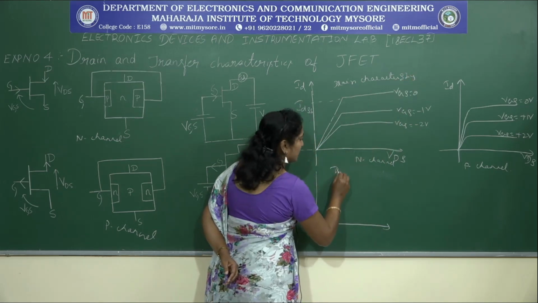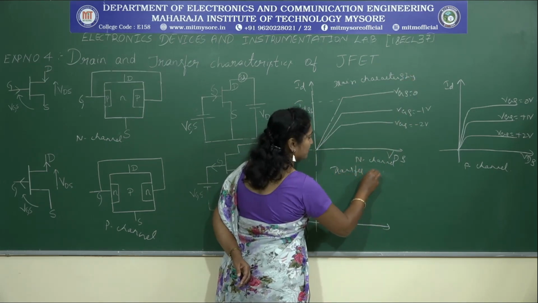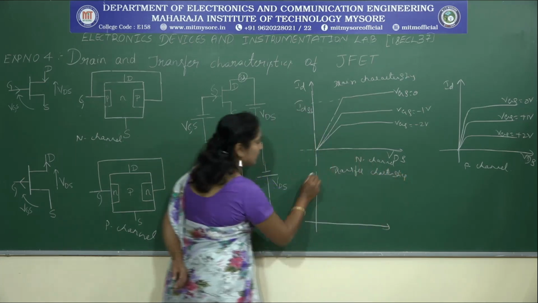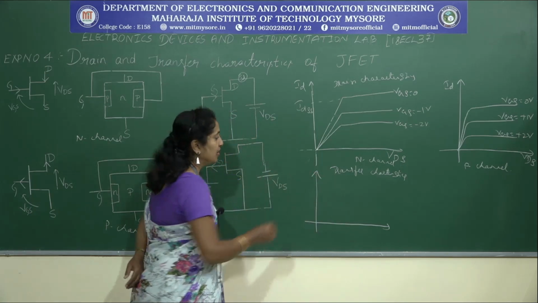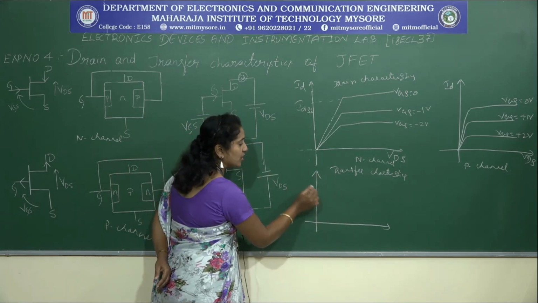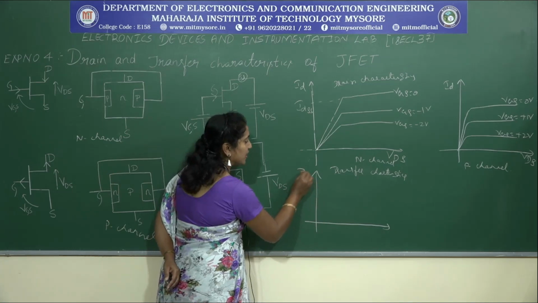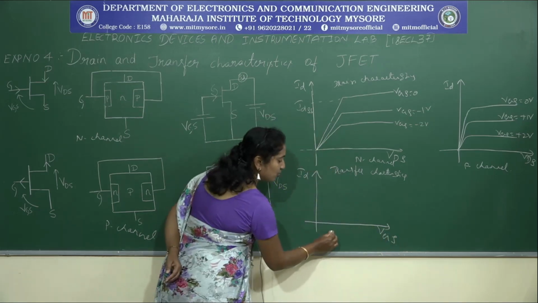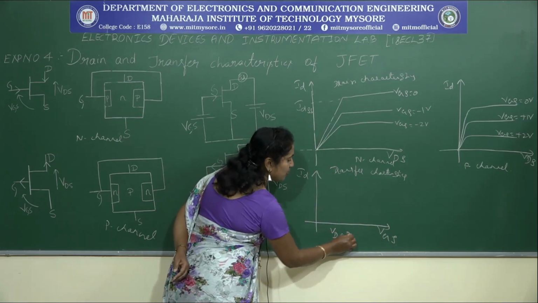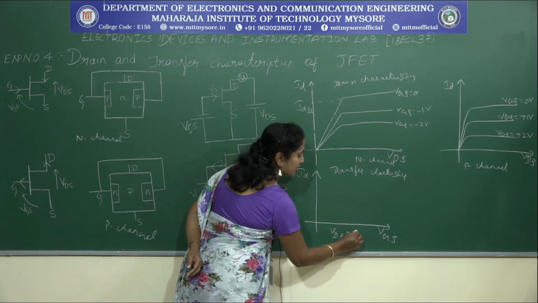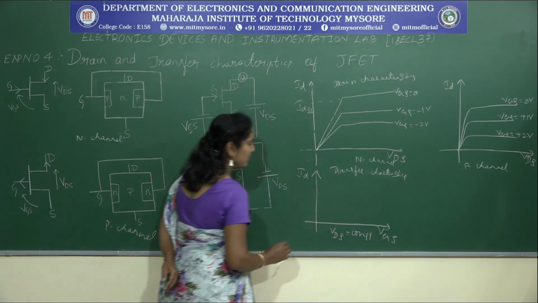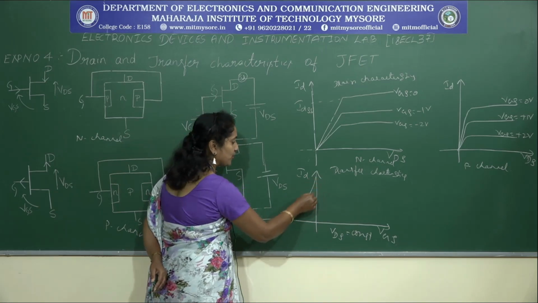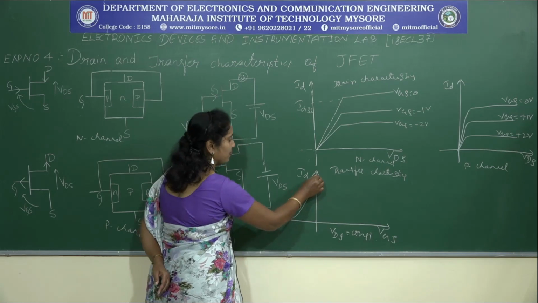Now we are going to learn the transfer characteristics. In the transfer characteristics, the curve is between the drain current and gate to source voltage, with VDS kept constant. You make VDS constant, and VGS is always in the negative direction, so your curve is like this.